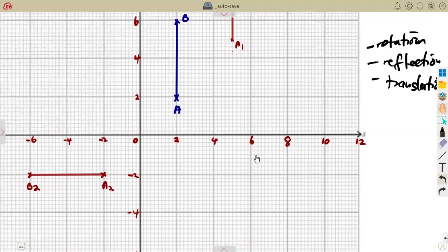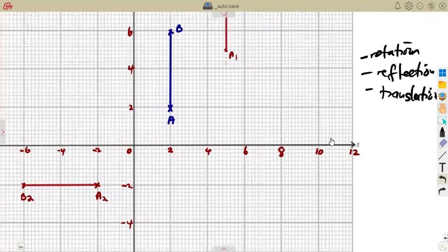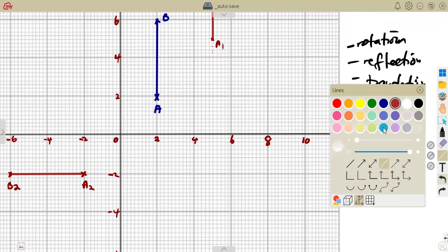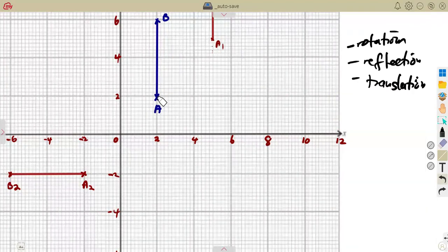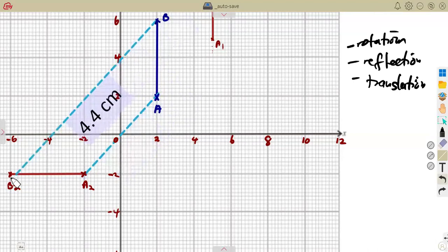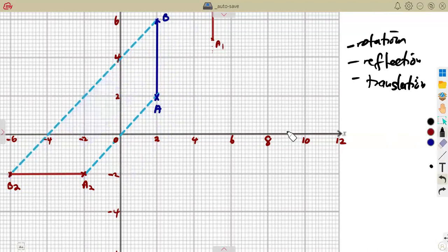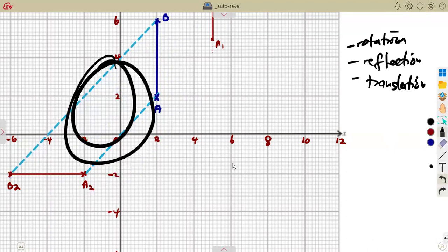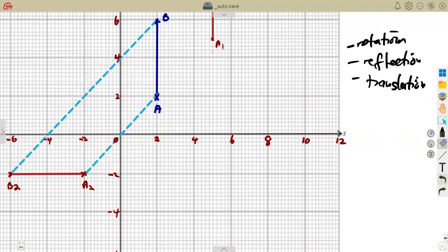In order for you to know whether it's a rotation, translation or reflection, first thing, let's join corresponding points A to A2, B to B2, and see what's going to happen between these points that we are given. If you join from A to A2, and from B to B2, as you can see, the lines that we have created, they will never meet.